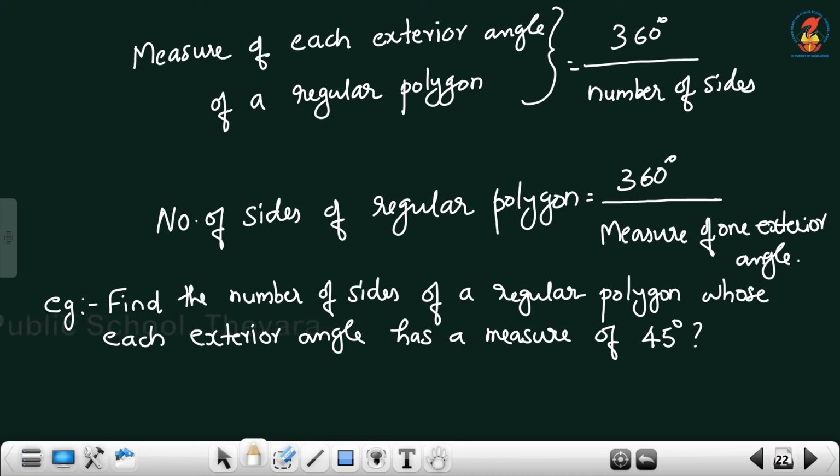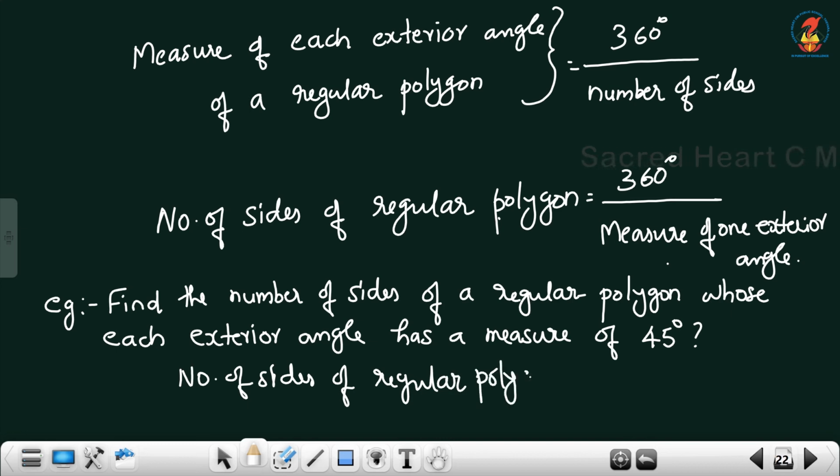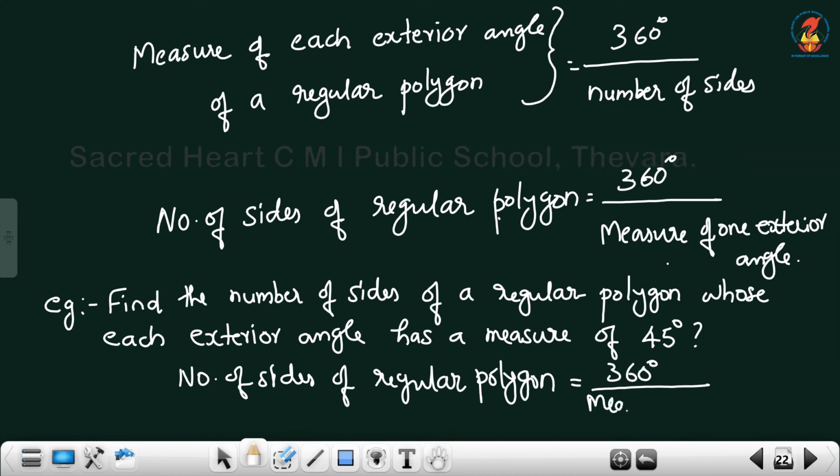Number of sides of a regular polygon is equal to 360 divided by measure of one exterior angle. This is a regular polygon. Number of sides of a regular polygon equal to 360 degree divided by measure of an exterior angle.